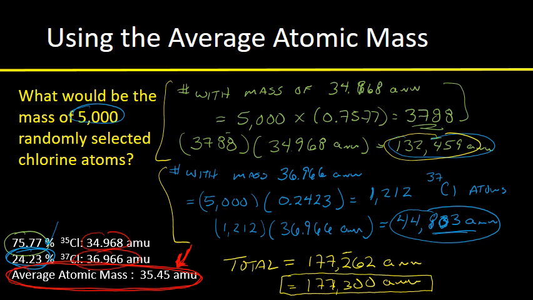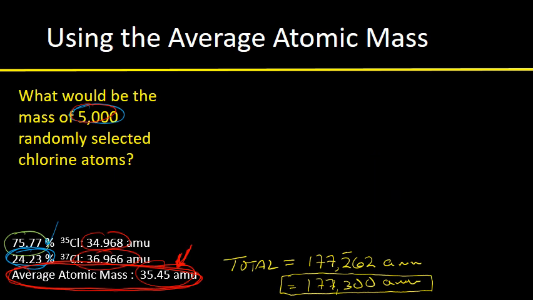So a much, much simpler way to do it is just to take the number of atoms and use this average mass. And so if we do it that way, we can just say we've got 5,000 atoms, and on average, they have a mass of 35.45 atomic mass units.